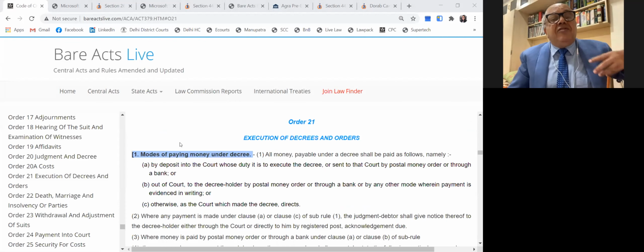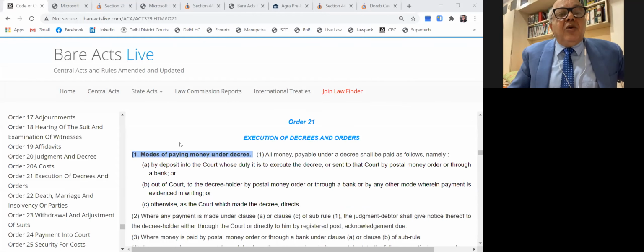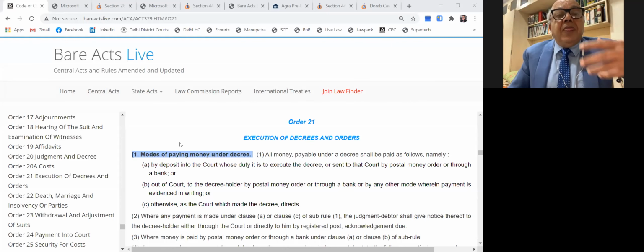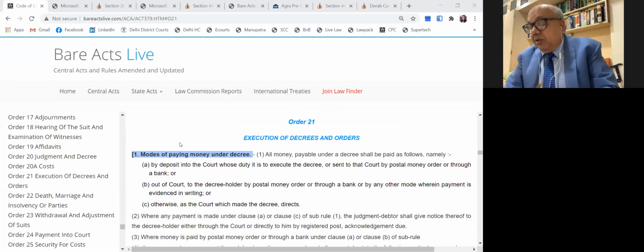How to give effect to the judgment of the honorable court, a judgment and decree which has been passed, how to enforce it. That is the meaning of execution. In the CrPC, execution means hanging, sending to the gallows. But in the CPC, execution of a decree means how to implement the decree and judgment which has been passed by the honorable court.